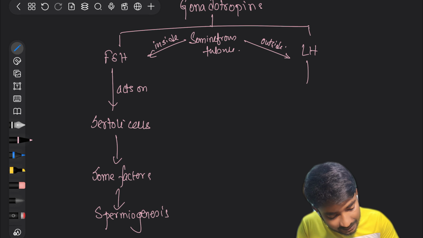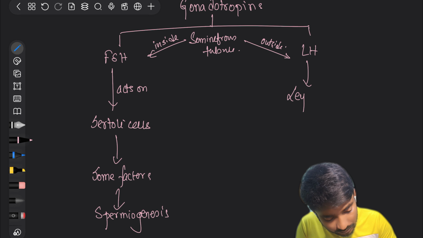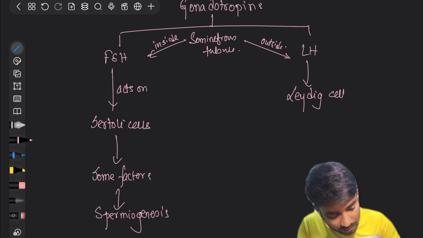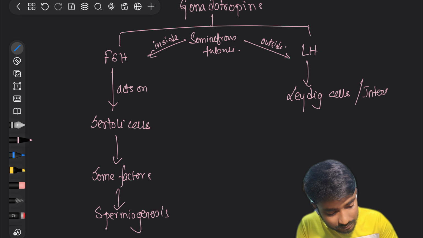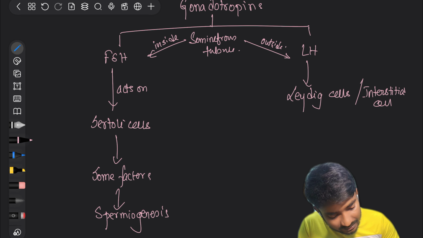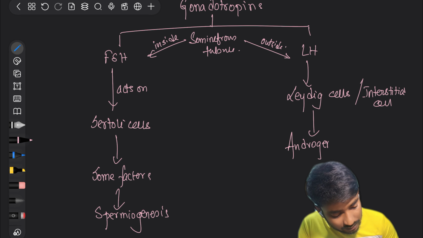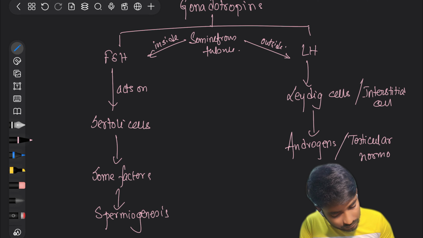LH acts on the Leydig cells, or interstitial cells, outside the seminiferous tubule. It secretes androgens, the testicular hormones, and causes spermatogenesis.